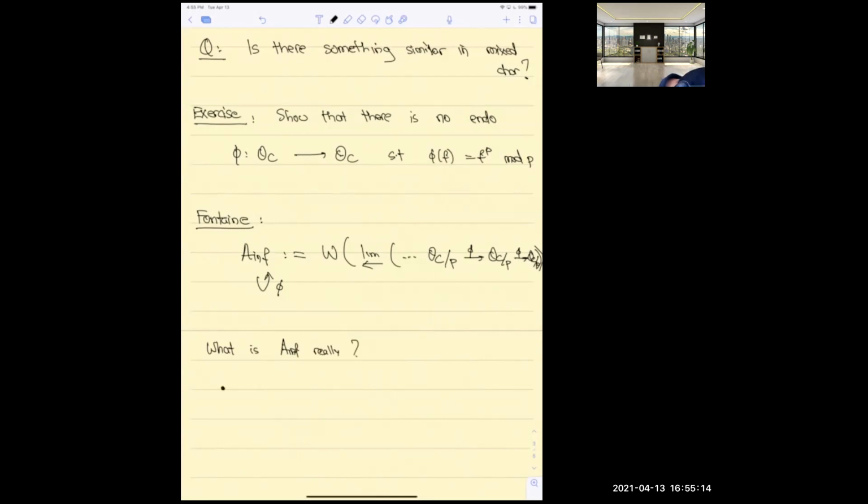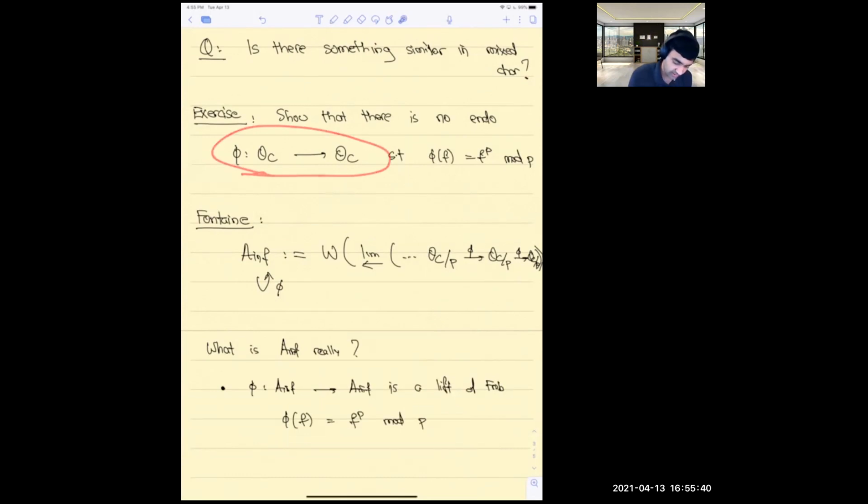So first of all, phi from A_inf to A_inf, the map that I just defined through this abstract procedure, is a lift of Frobenius in the sense that it satisfies the congruence I mentioned earlier, that phi of f is f to the p mod p. So if you like, I have taken a ring which did not have any interesting endomorphisms, like O_C over here, and I have rigged it to produce a ring which now does have an interesting endomorphism. It's this one.